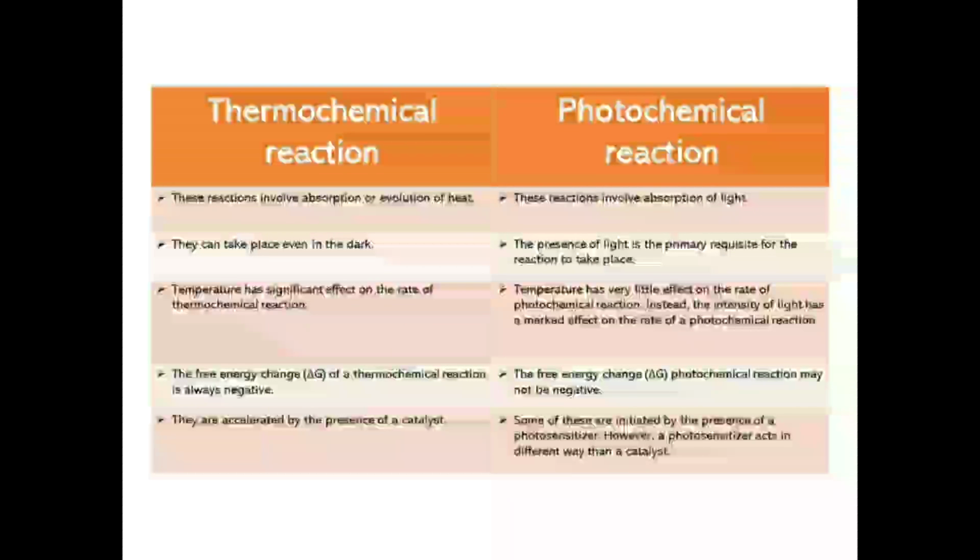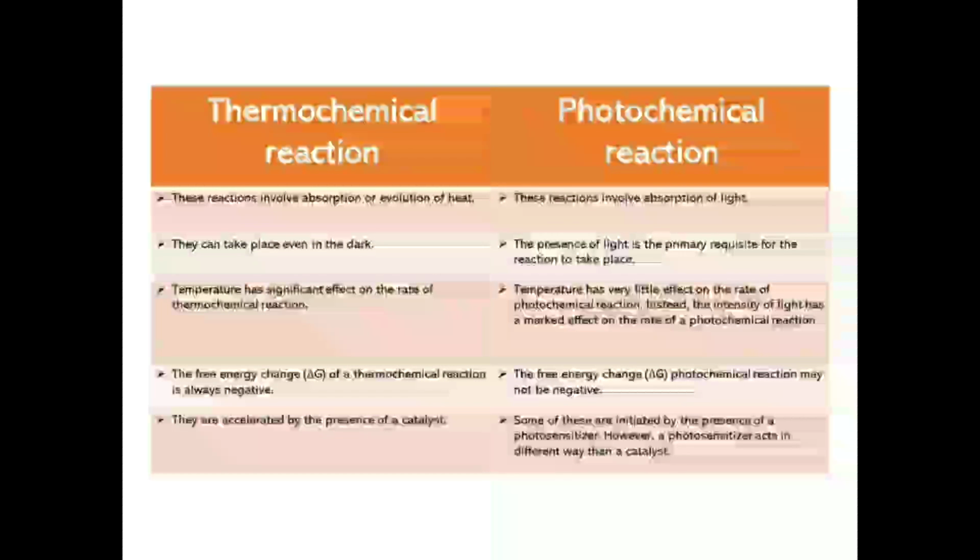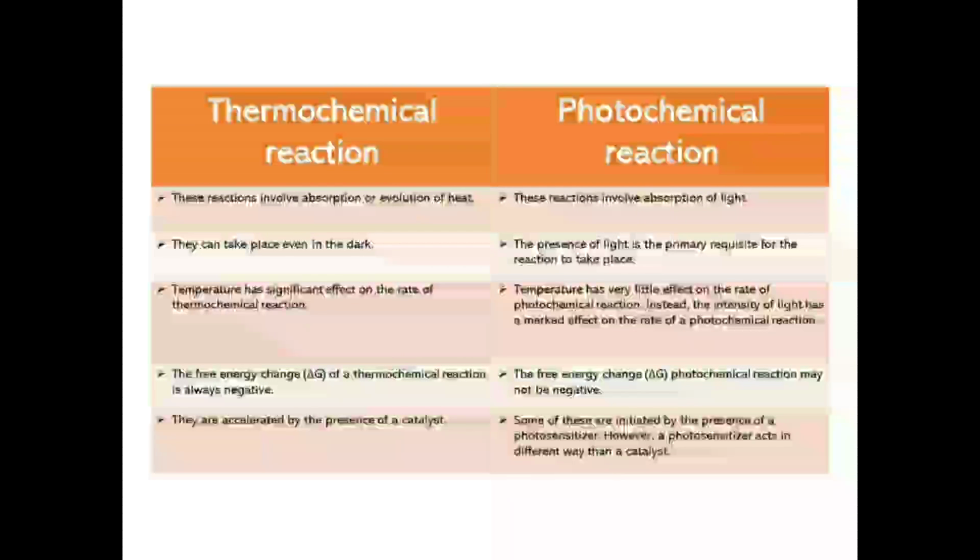Here it is the absorption of heat, here the absorption of light. Thermochemical reactions can take place even in the dark, without light. But a photochemical reaction must have light. In the presence of light, the chemical process takes place. We call it a photochemical reaction.